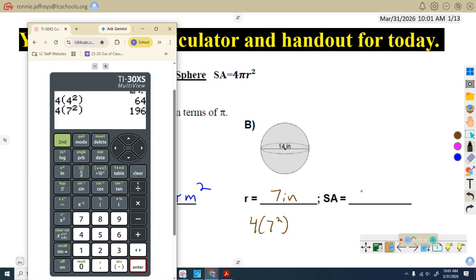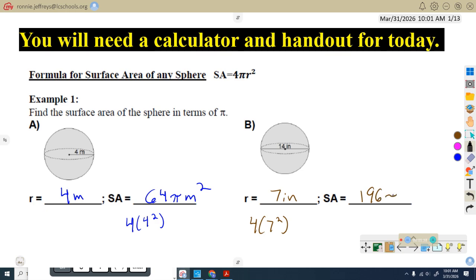All right, so this would be 196 pi inches squared. A lot of this is kind of straightforward for when we're just finding surface area and volume. Are we good with A and B?